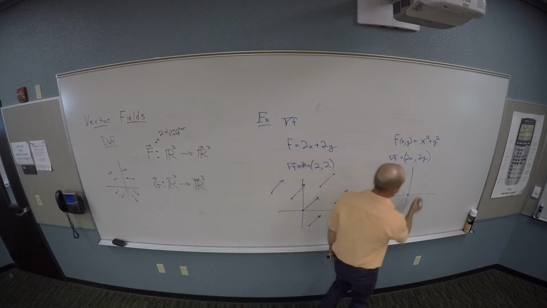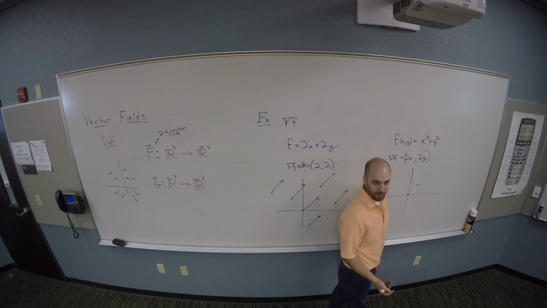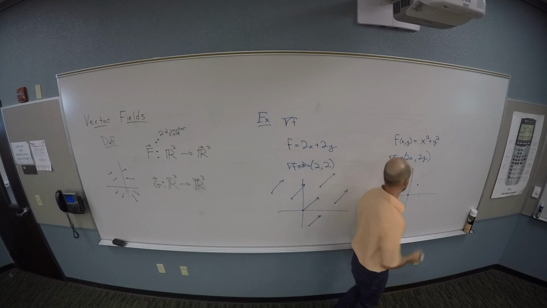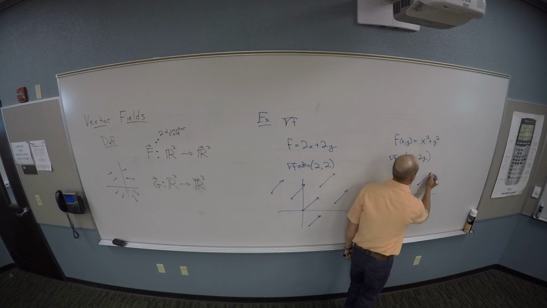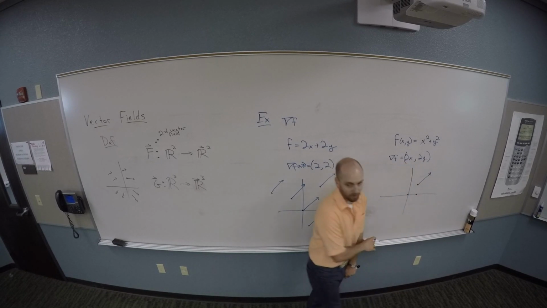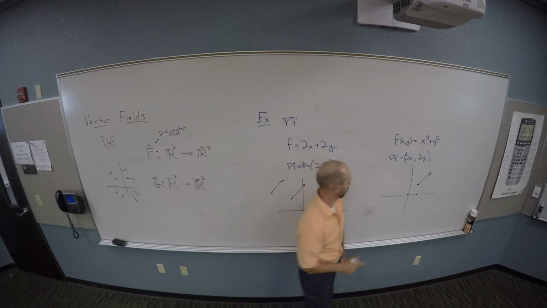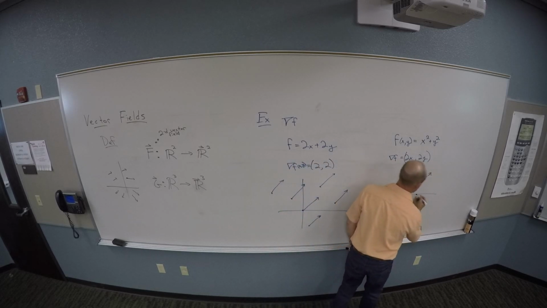At 1, 1 the vector is 2, 2, right? Okay, how about down here at 1, 0? That would just be 2, going straight over.